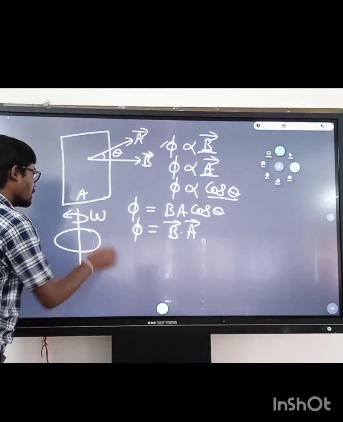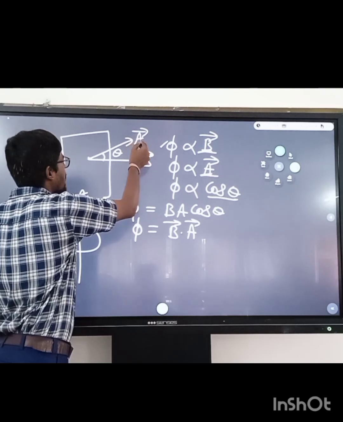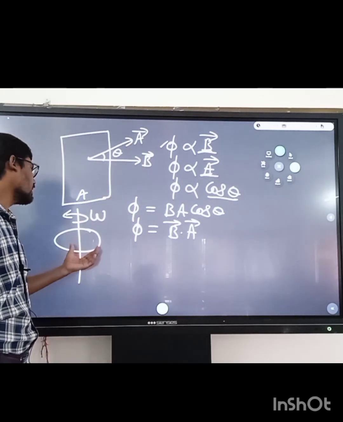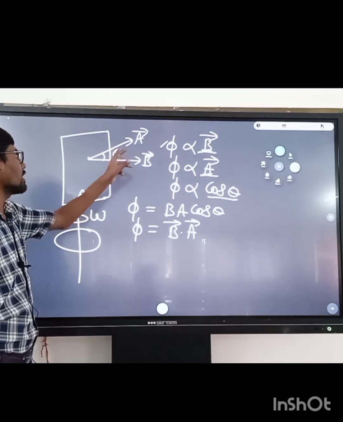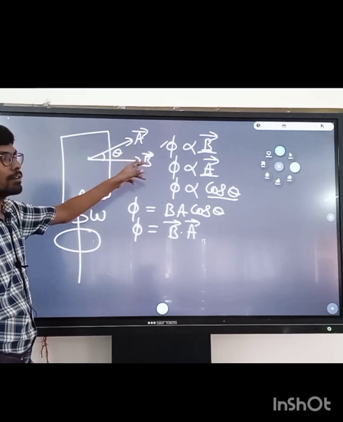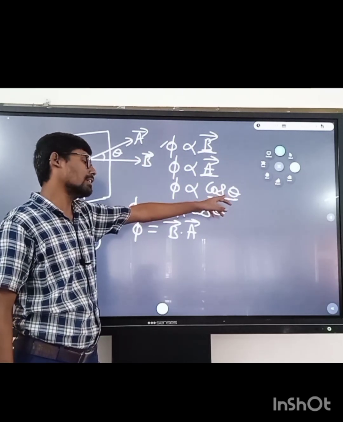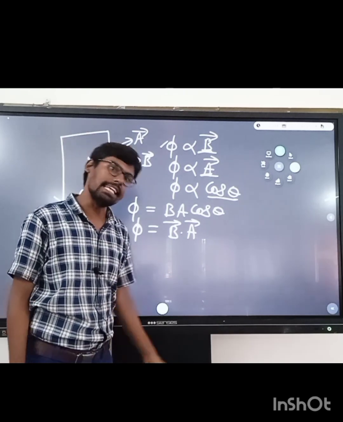Due to rotation of this coil, the angle between the area vector and magnetic field line will change. So the value of theta will change, and the value of cos theta will change. So in this way flux can be changed.